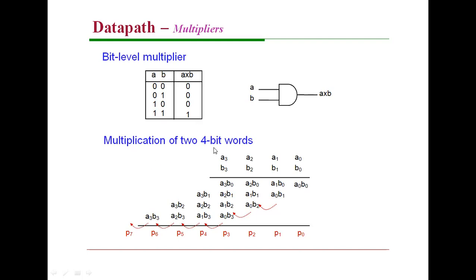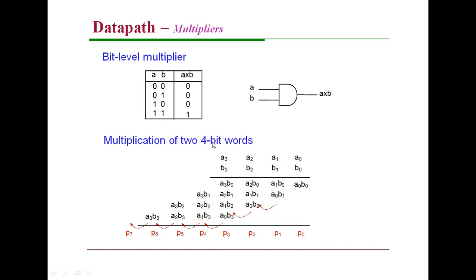Multiplication of two 4-bit words, 4-bit data, a nibble: how is the operation performed? The product is generally twice the number of bits. For example, for 4 bits, 4 into 2, that is an 8-bit product.